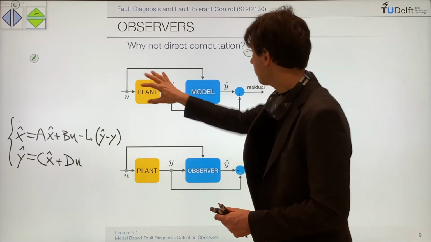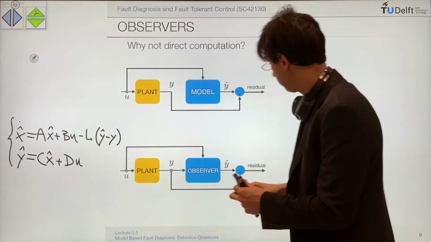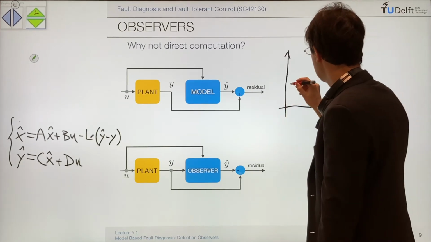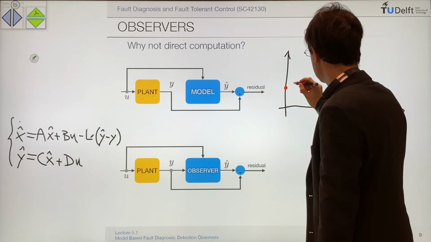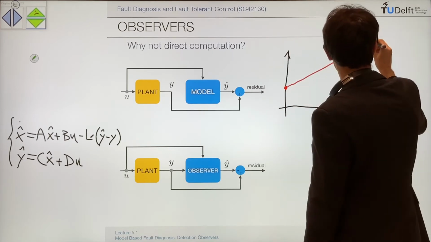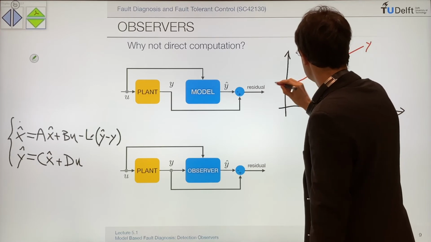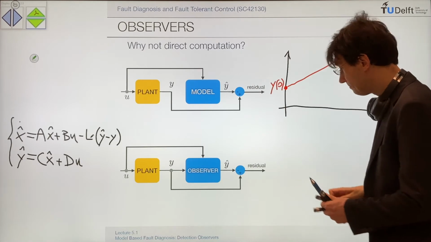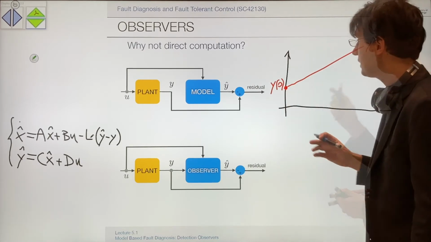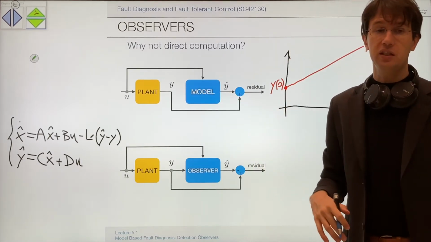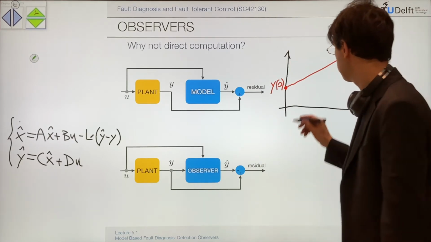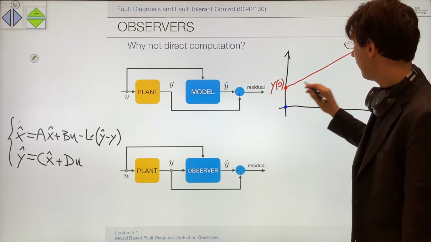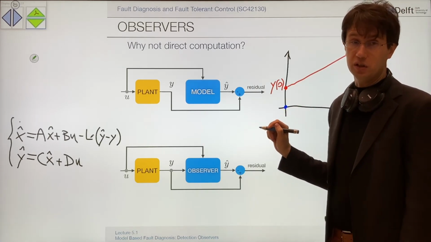Because if you have this approach, without this term, something like this is happening. If the initial output of the system is this one, so this is y, and this is y at time 0. But you don't know this, so you are starting your model assuming zero initial condition, because this is what you know at the beginning. You're starting from here. So first of all, you are already off because you don't know the initial conditions.